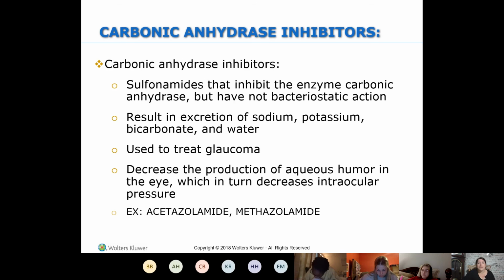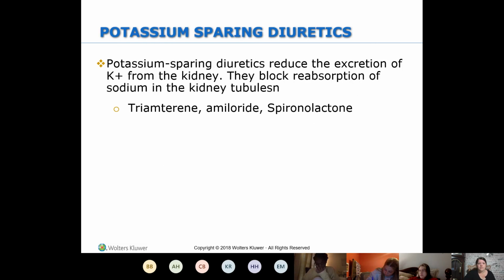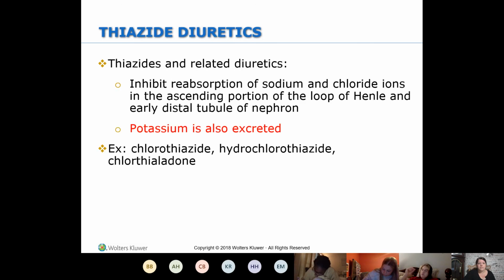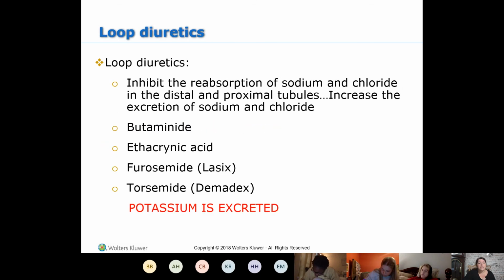Your carbonic anhydrase inhibitors are treating glaucoma, intraocular pressure behind the eye. Potassium sparing, thiazides, and loops are all treating edema, but they have different effects on the electrolytes of the body. We're all still on the same page? Y'all feeling okay?